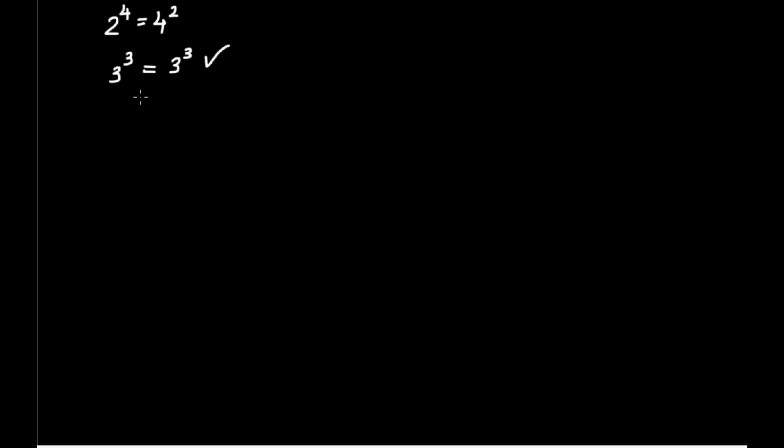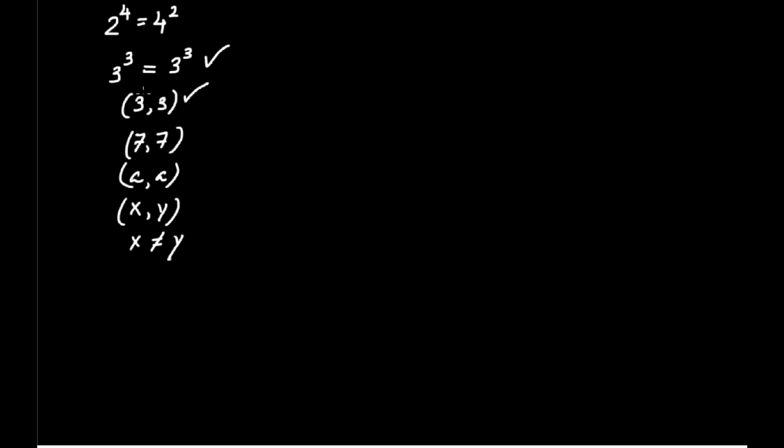So the pairing 3, 3 will commute under exponentiation, and so will the pair 7, 7, or in general, a pair a, a of numbers. But what we're looking for is some pair of numbers, x and y, where x is not equal to y, where it's true that, once again, x to the y is the same thing as y to the x.